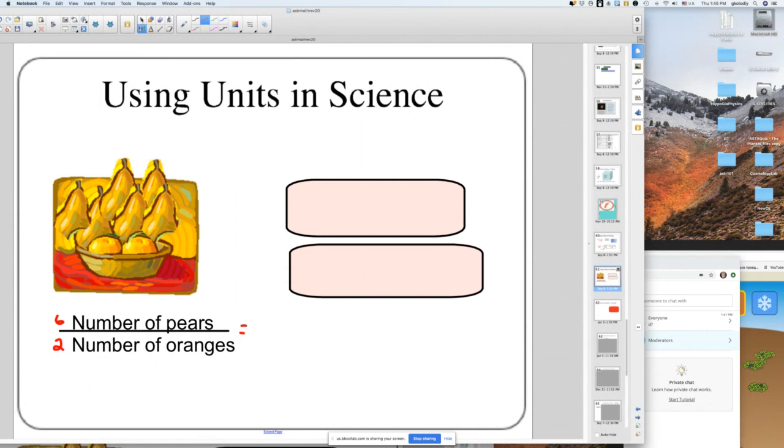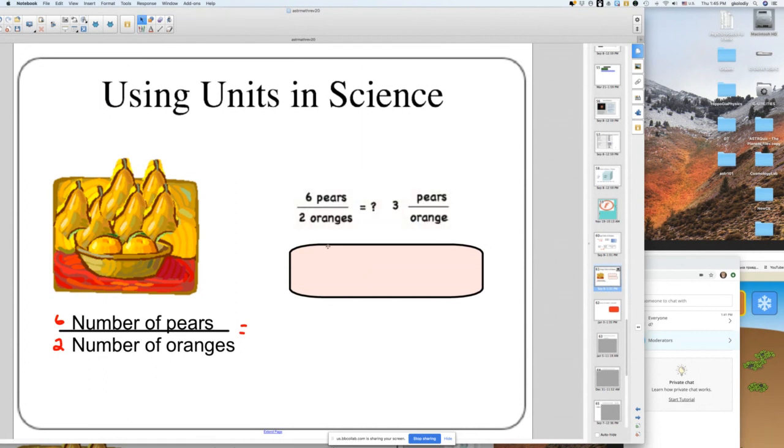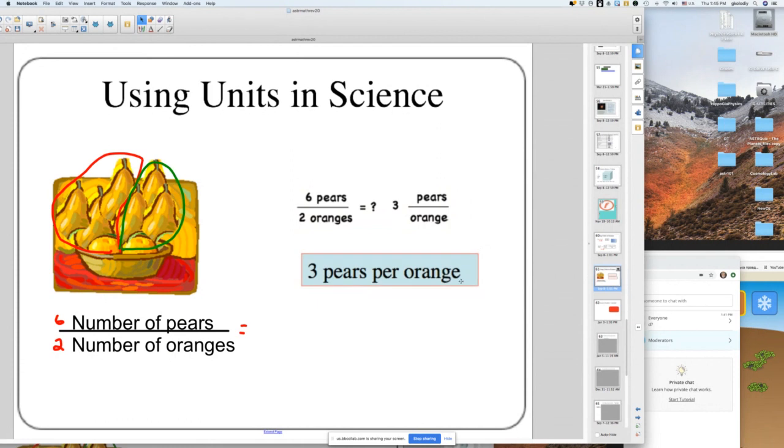Well, this is what I get. It's 3 pears per orange. You write it this way. But what it means is that for every orange, there are 3 pears. So for this orange, there are 3 pears. And for this orange, there are 3 more pears. The ratio of pears to oranges is 3 to 1, basically. That's what that means. So we usually write it this way, 3 pears per orange, but this is what it means.